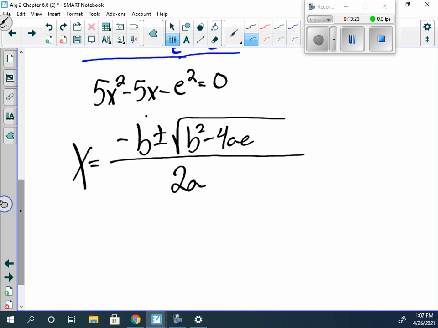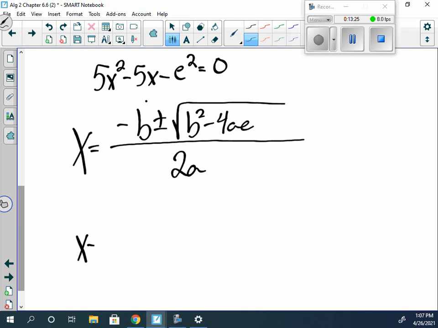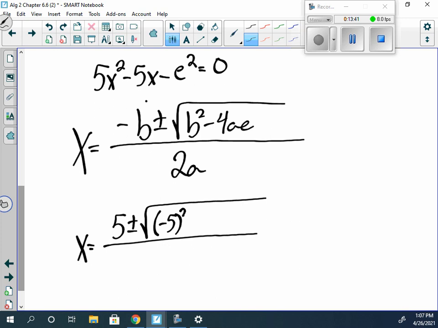And we can use this formula to plug it in. So the first thing we have is negative b. Well, the value of b is negative 5. Well, a negative and a negative make a positive. So we have 5 plus or minus the square root of negative 5 squared minus 4 times 1 times negative e squared.